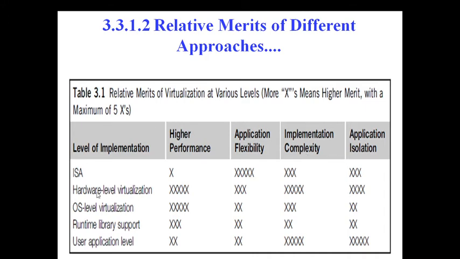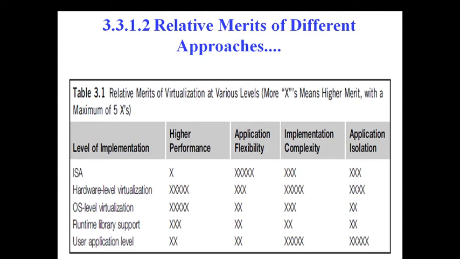If you consider hardware level virtualization, it is giving higher performance, along with the implementation complexity being more. The x means higher merit, with a maximum of 5x, the highest value. So the implementation complexity is high. If you observe OS level, higher performance is going to be more with this.